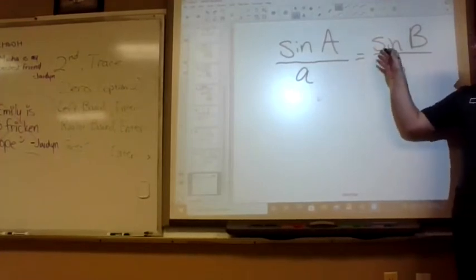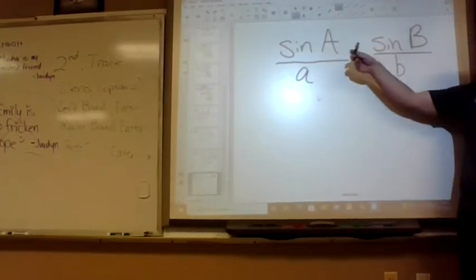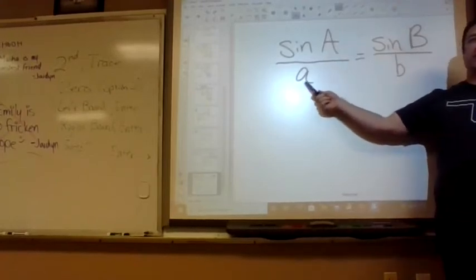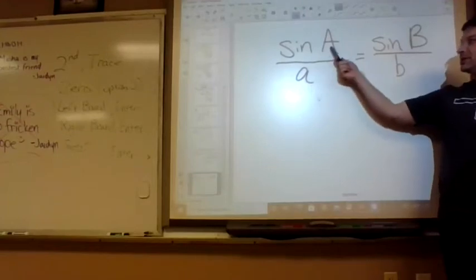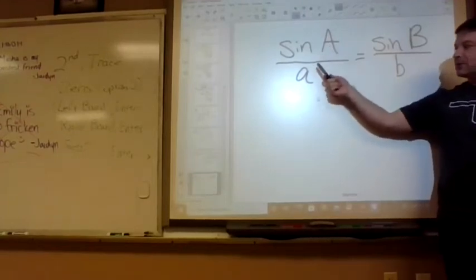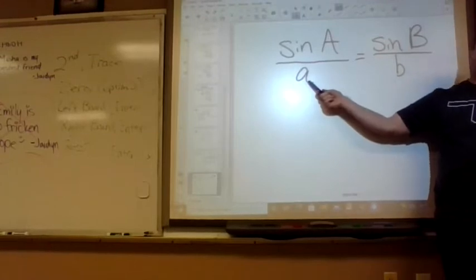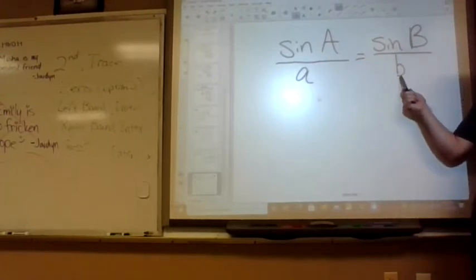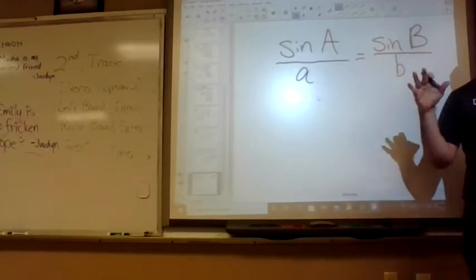Cross multiply. Anyways, if we have 3 of these variables, we can solve for the 4th using law of sines. So, sine of the angle over the side opposite it should be equal to sine of another angle that's opposite that side.